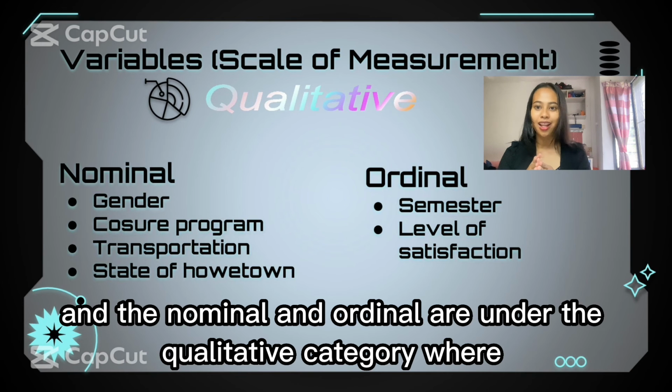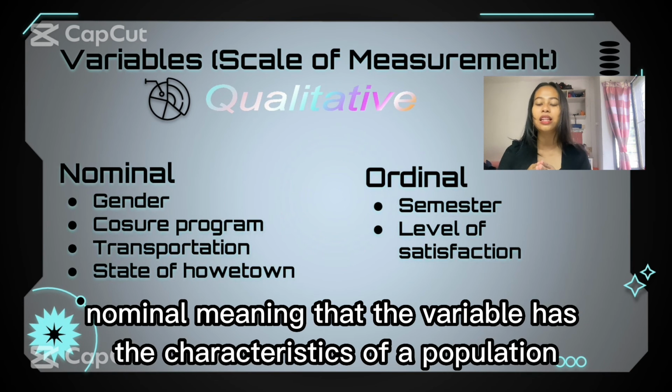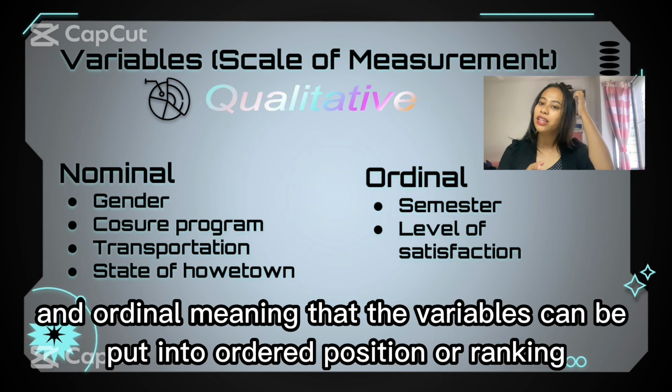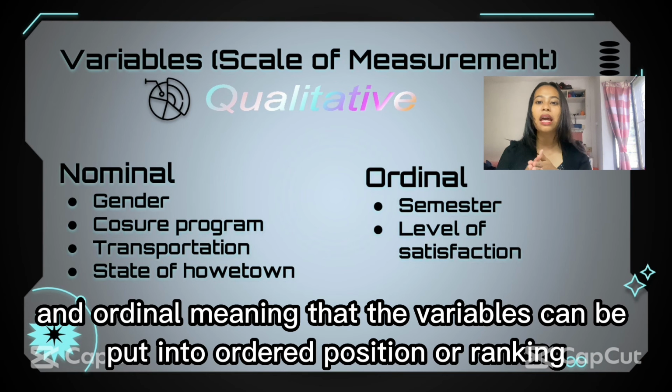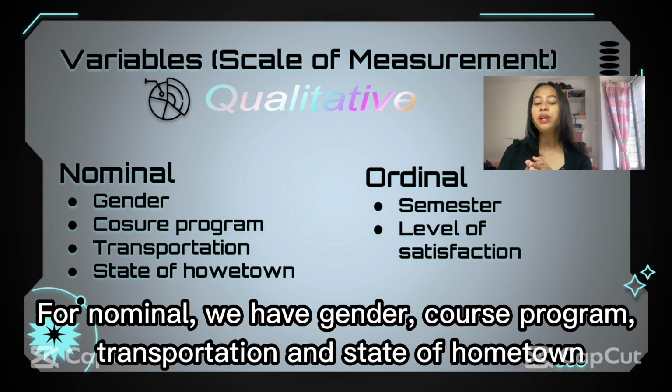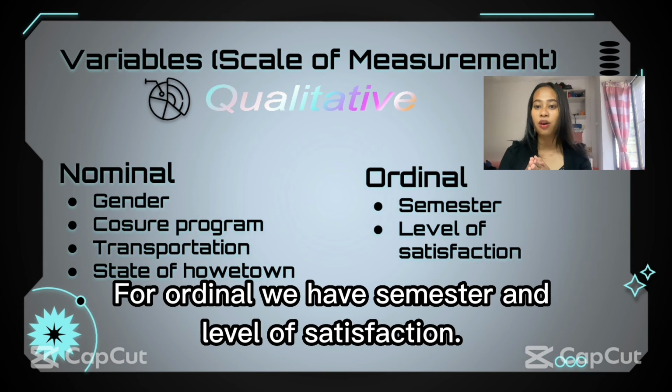Nominal and ordinal are under the qualitative category, where nominal means that the variable has the characteristics of the population, and ordinal means that the variable can be put into order or ranking. For nominal, we have the gender, program, transportation, and state of hometown. For ordinal, we have the semester and the level for classification.